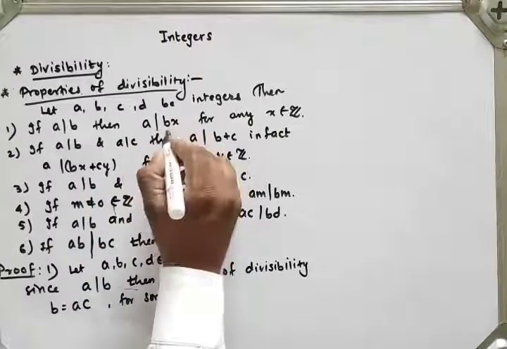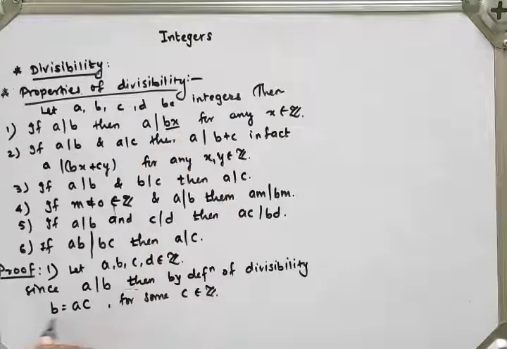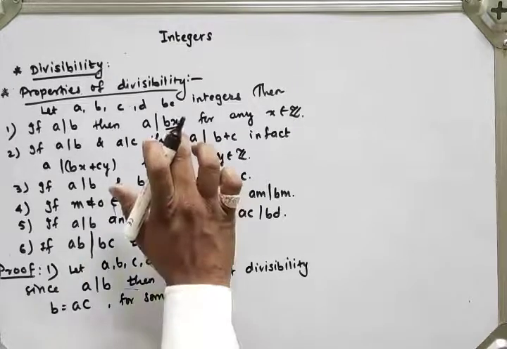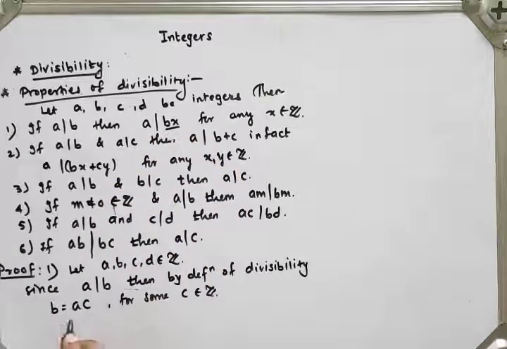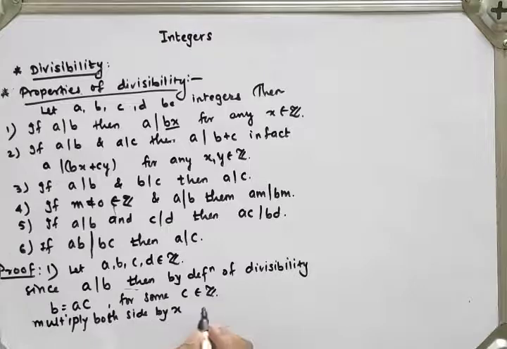So we want b into x. We will multiply both sides by x, for x belonging to the set of integers. Then what will we get after multiplying? I will get bx is equal to ac into x.